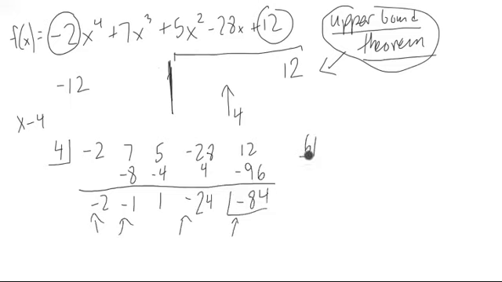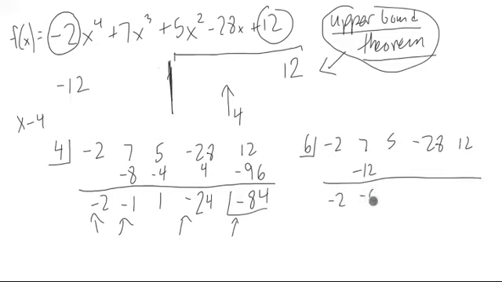And if we tried that, let's see what happens. -2, 7, 5, -28, 12. So we get -2, we get -12, -5, -30, -25, -150. It just keeps on getting bigger and very big.